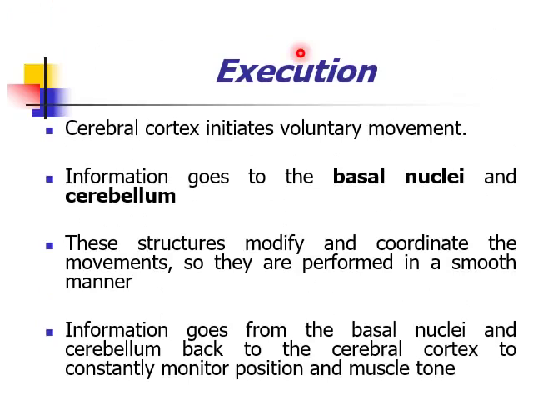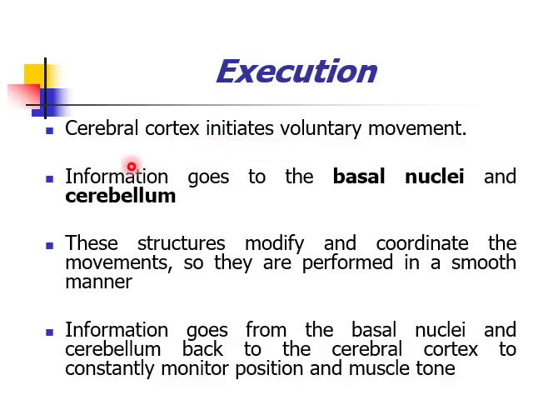To execute a voluntary movement, we have to pass through a certain circuit to end up with a proper, smooth, decent, purposeful movement. This circuit starts with the cerebral cortex, the primary motor cortex, premotor cortex, and supplementary motor cortex, the areas that give the initial, crude, clumsy motor signal.